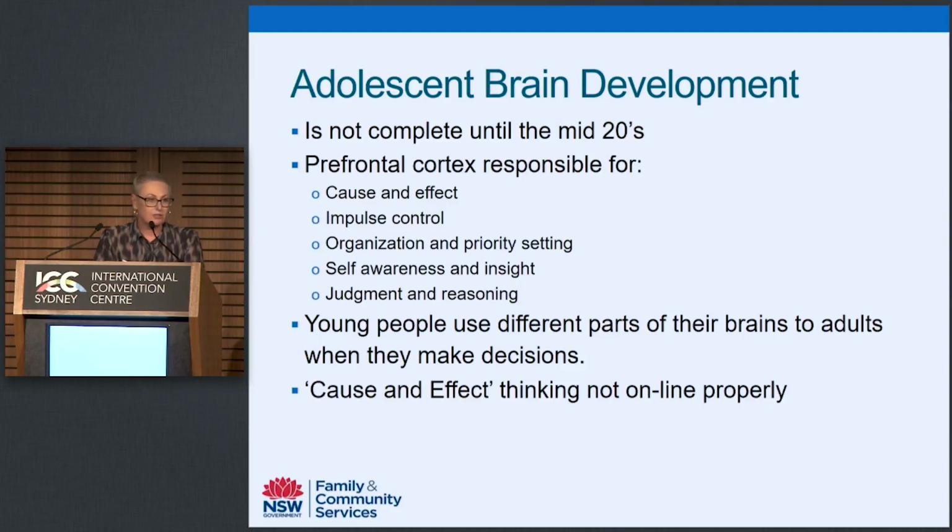They will make decisions based on their emotions and their limbic system. And it's our job to help them get their cortex online by staying calm as much as we can and not getting into the to and fro that can happen when they're working from their emotional side of the brain. Sometimes easier said than done.